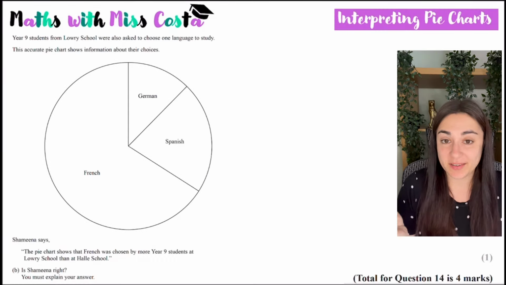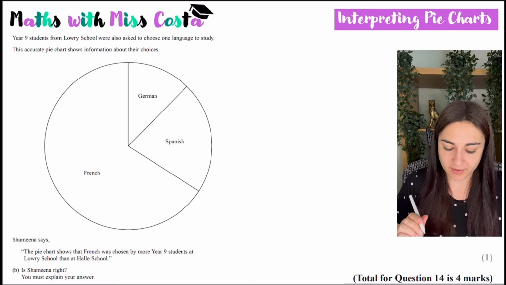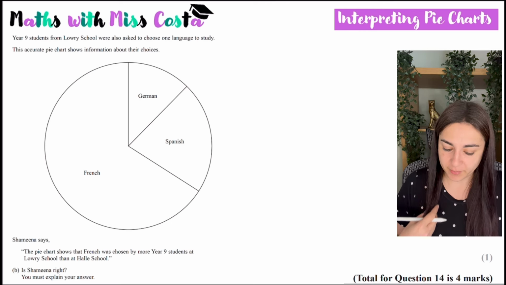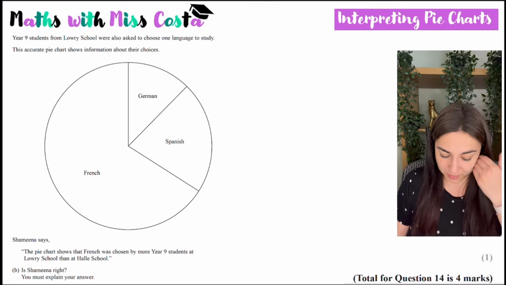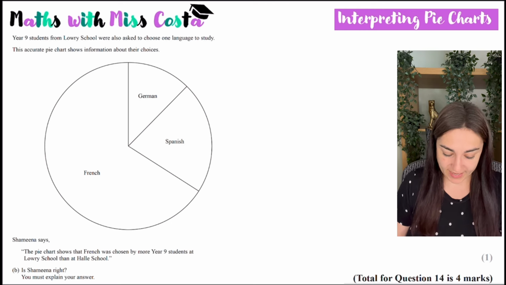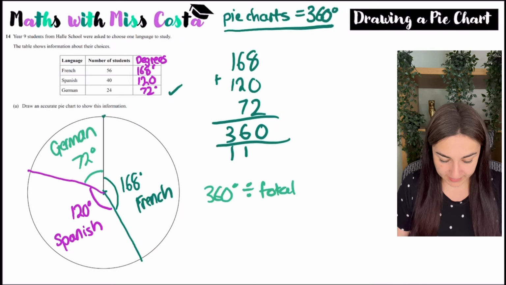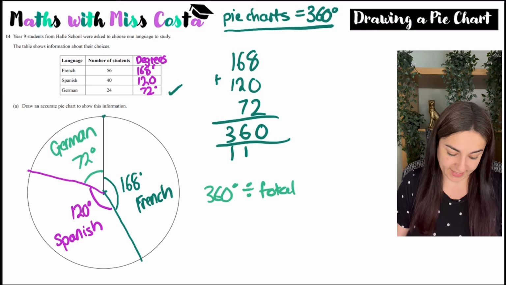So here we have to interpret the pie chart. We're told that Year 9 students from Lowry School were also asked to choose one language to study, and the accurate pie chart shows information about their choices. Shamina says that the pie chart shows that French was chosen by more Year 9 students at Lowry School than at Hull School. Well, over here we know that 56 students is represented by 168 degrees.